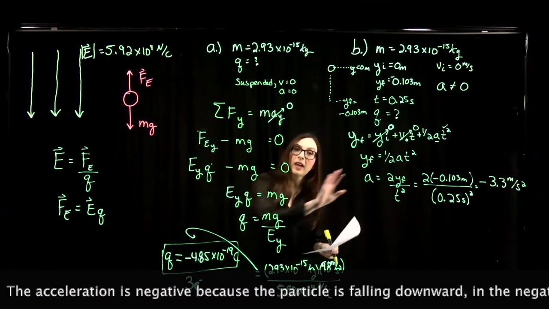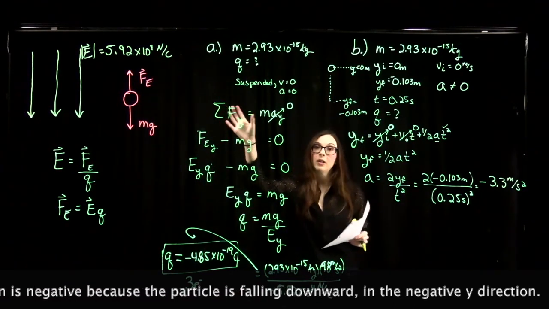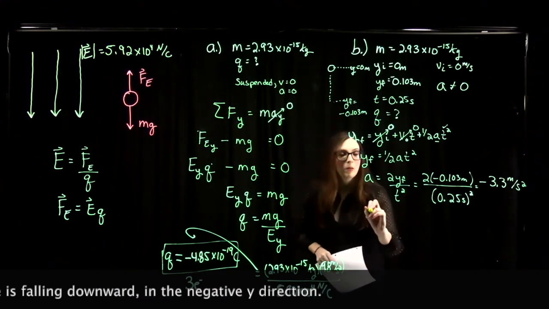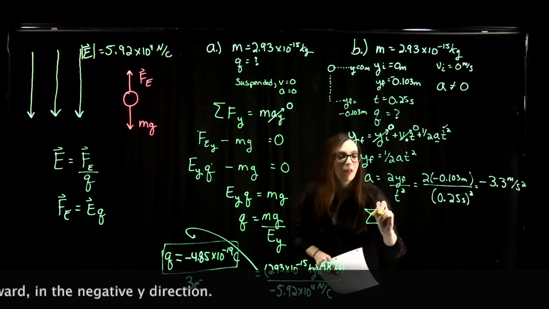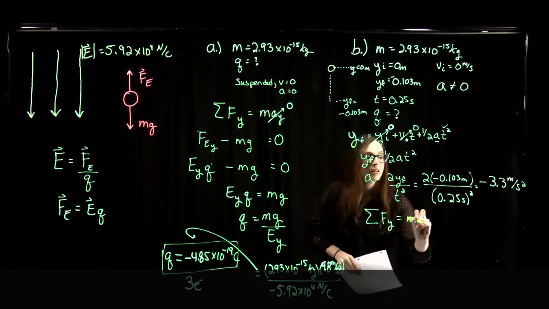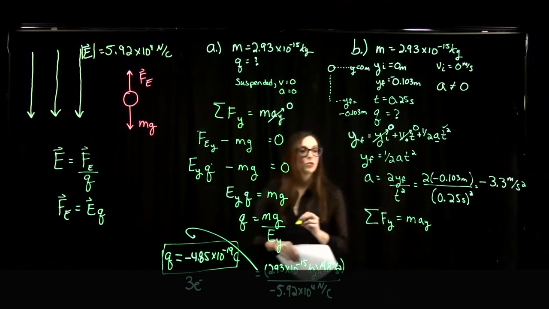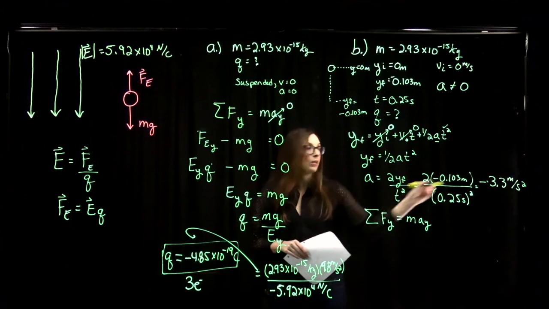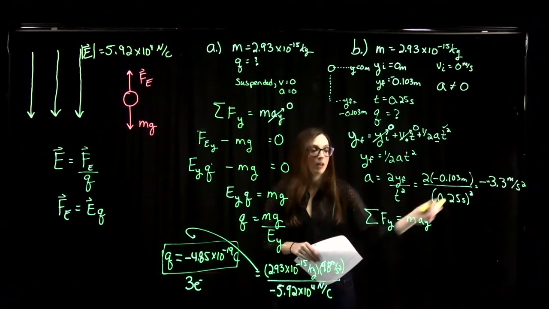Now we can use that in our equation for Newton's second law. We've already written it here. We've got that the sum of our forces in the vertical direction is equal to the mass times our acceleration in the vertical direction. This time, our acceleration in the vertical direction is not 0. It's this number right here.